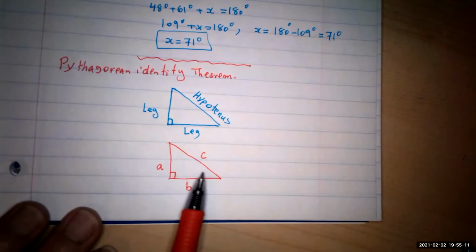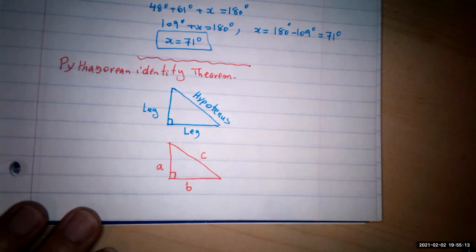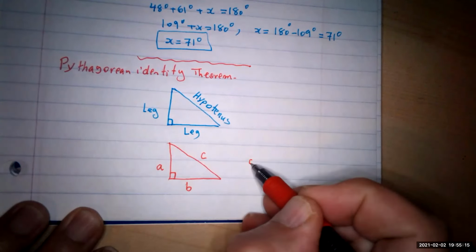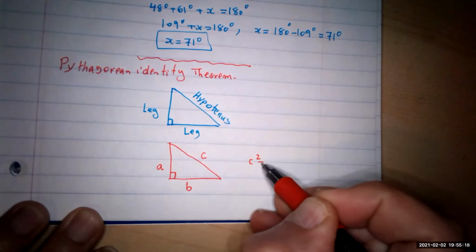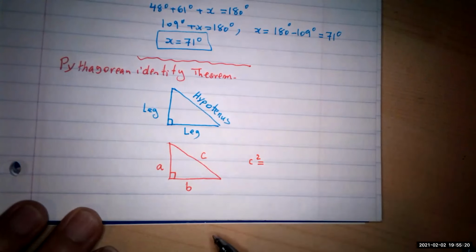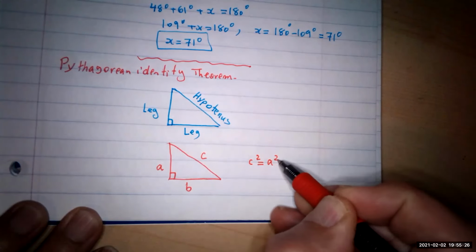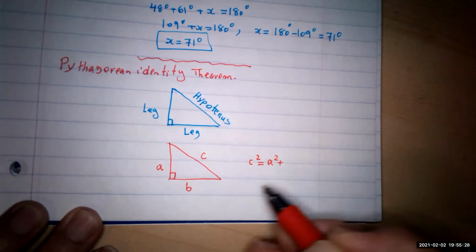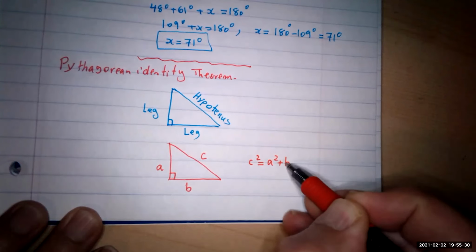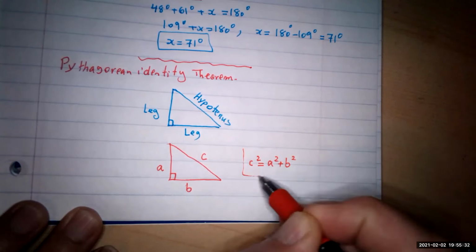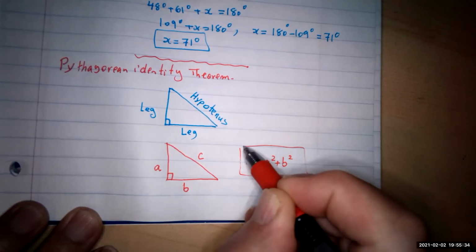The square of the hypotenuse, C squared, is the sum of the squares of the legs: A squared plus B squared. Okay, this is going to be the Pythagorean identity.